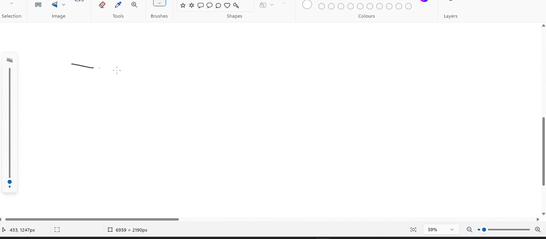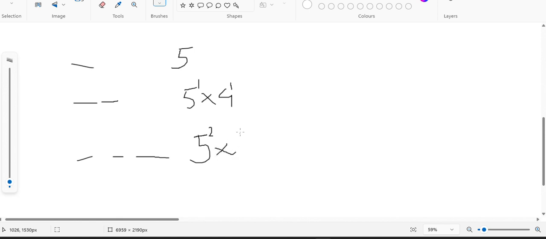Suppose, can we get some formula? If n is equal to 1, it will be 5. If n is equal to 2, it will be 5 to the power 1, 4 to the power 1. If it is 3, it will be 5 to the power 2, 4 to the power 1. So can you sense something?